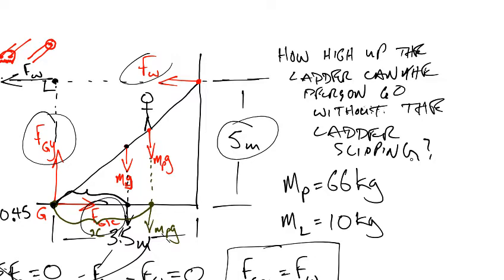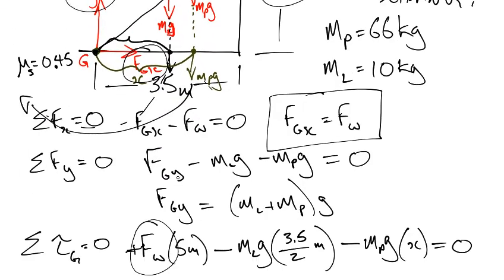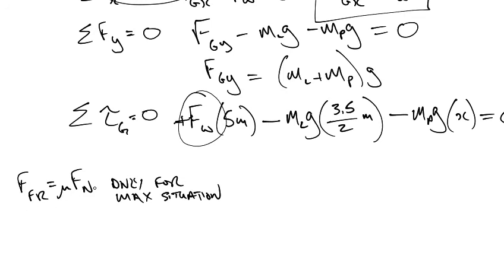So at the maximum point this person is up on the ladder, it is on the verge of slipping. So therefore we're at a maximum condition. So this is going to be true. Now, we can replace this normal force with Fgy and the force of friction with Fgx.